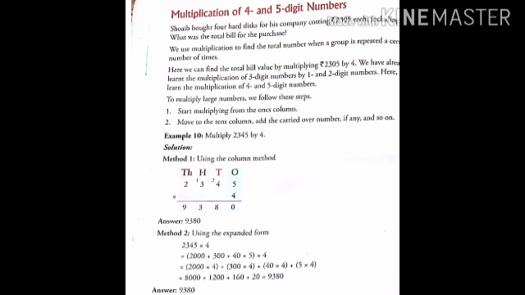That means each number you have to multiply with 4. First multiply that 2000 with 4, plus 300 into 4, plus 40 into 4, plus 5 into 4. So each number that you split, you have to multiply it with 4. Then add all those numbers, you will get the same answer. You can follow any method, the easiest method you can follow.